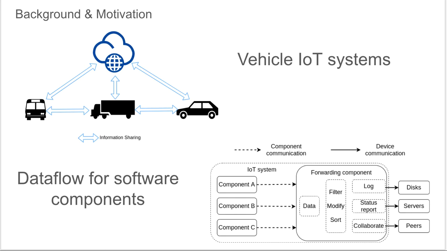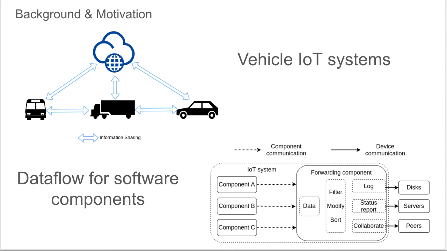Let's take a look. An IoT node could be on a vehicle or on a cloud server. On such an IoT node, there are several components such as sensing, localization, planning, and all these functional nodes produce a lot of data. And apart from these functional components, there is one component which is responsible for forwarding the data to other devices or other vehicles or servers.